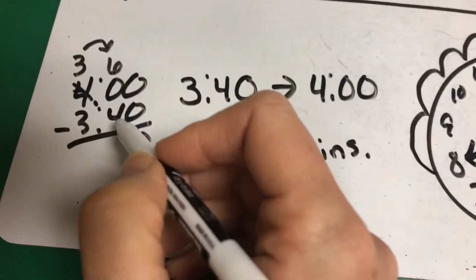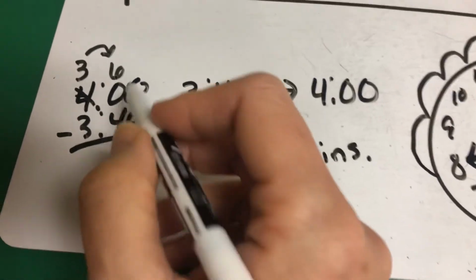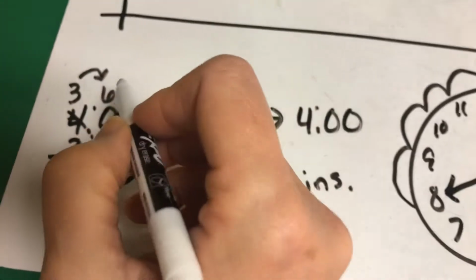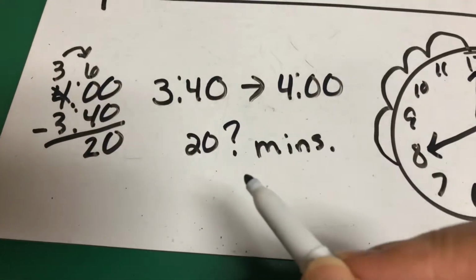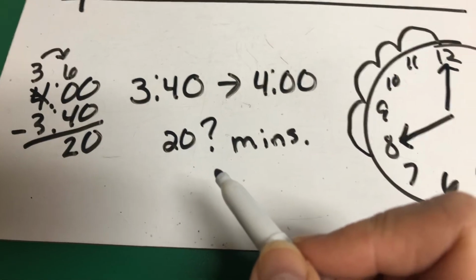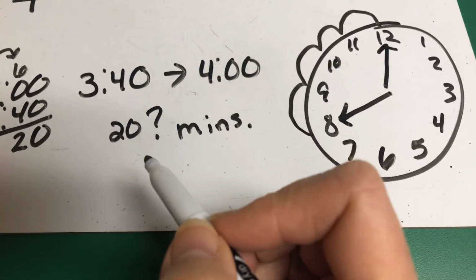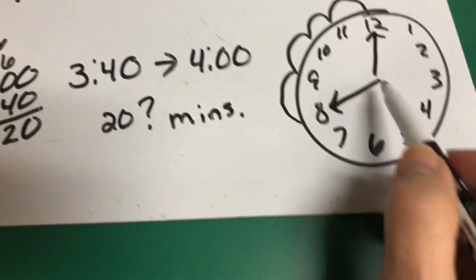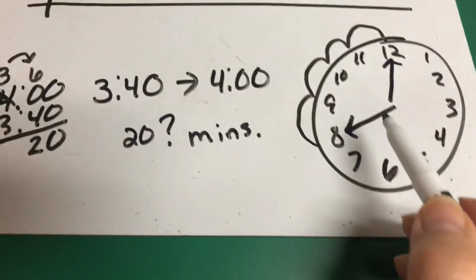So my 60 minus my 40 would be 20 minutes. Okay? So I'm going to add 20 minutes to 3:40 to get to the 4 o'clock.